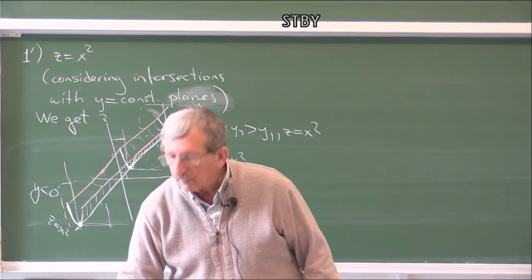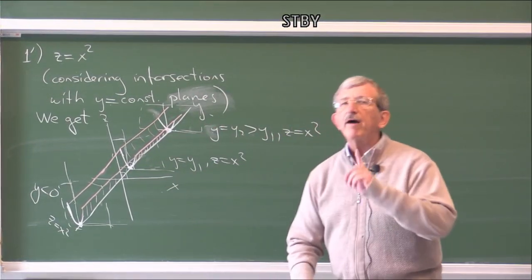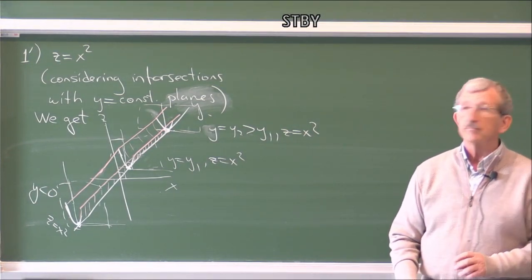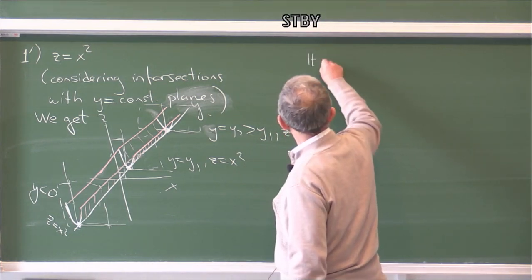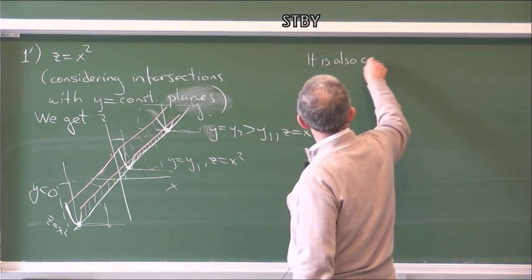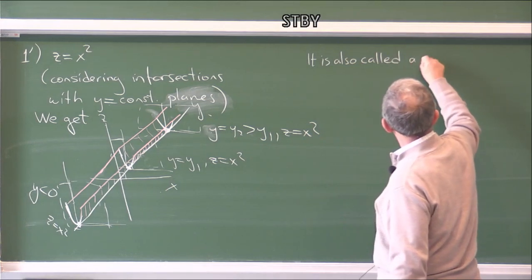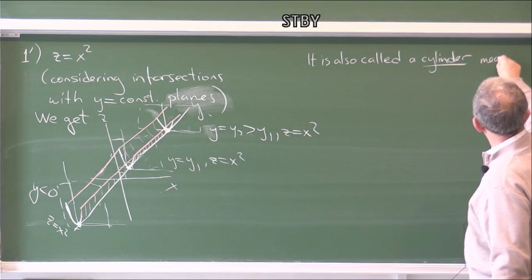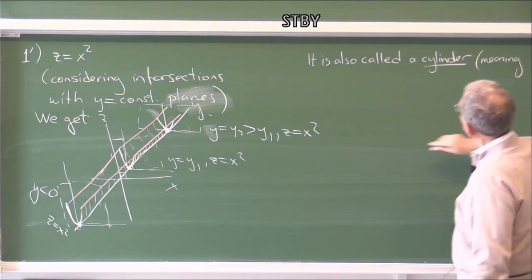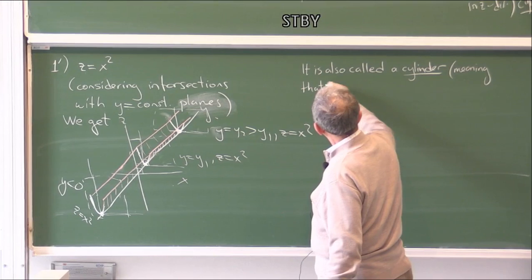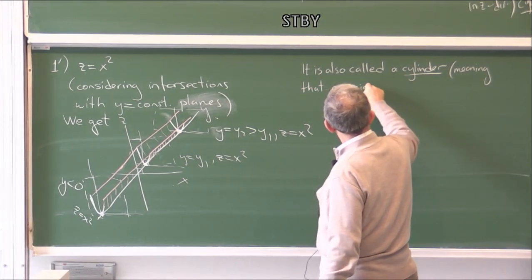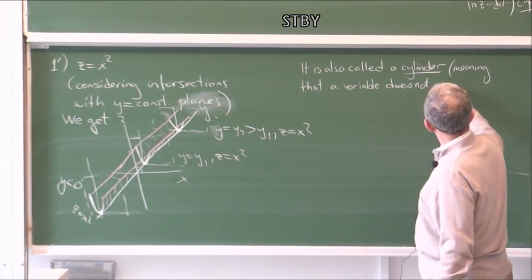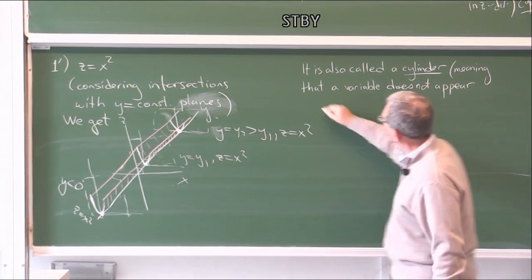Now, this quadric surface, where one of the variables is missing, is always called a cylinder. Meaning that a variable does not appear in the formula.